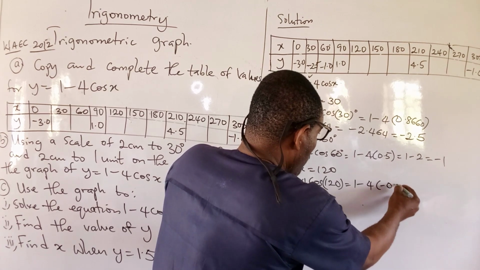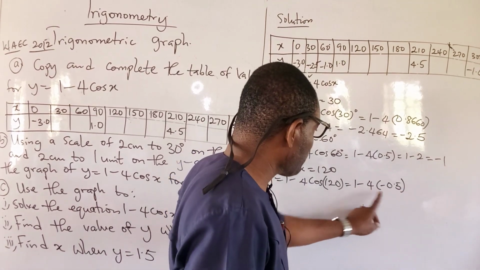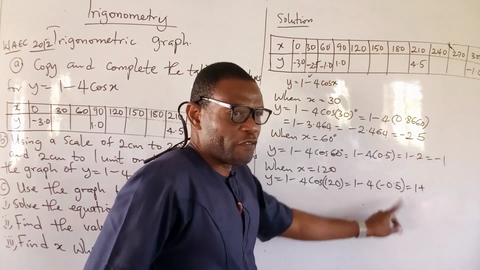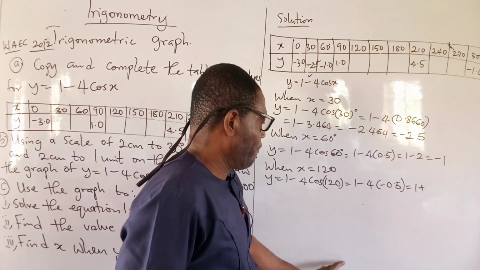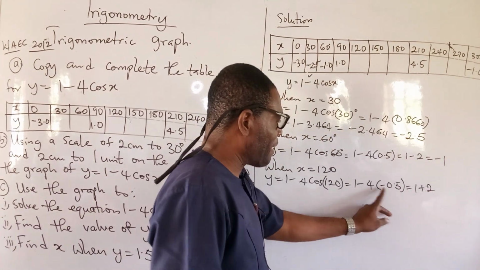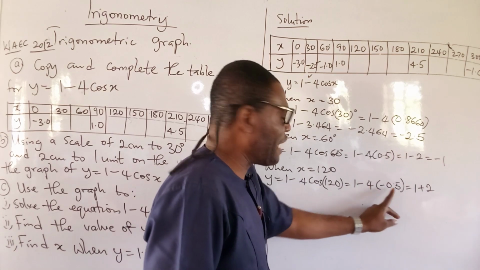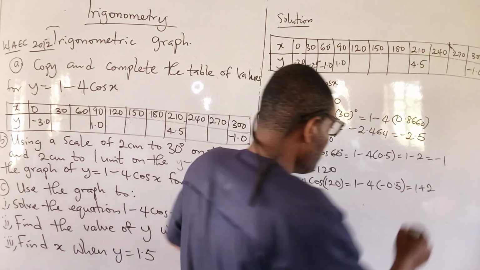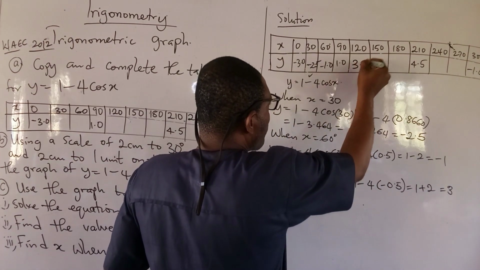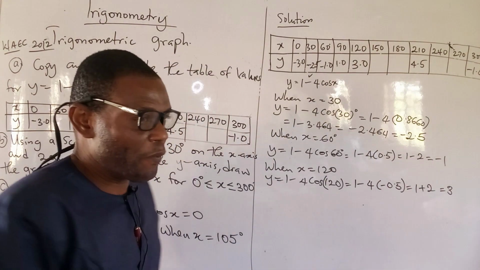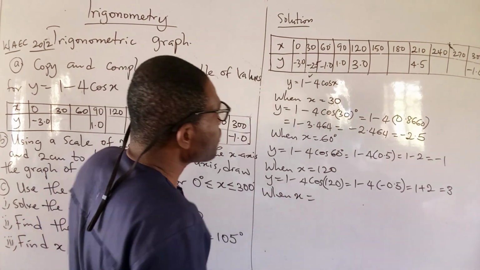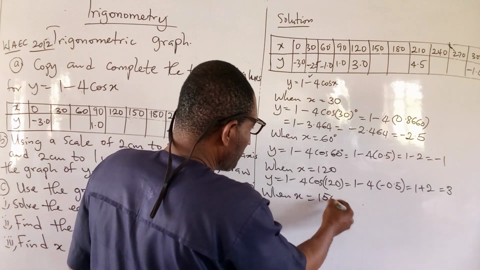Minus times minus gives positive, so we have 1 plus 4 times 0.5. That is 2, so the value here is 3.0.